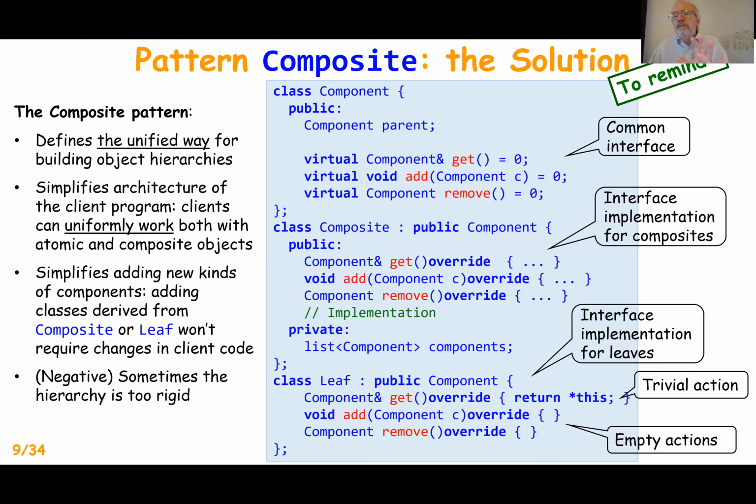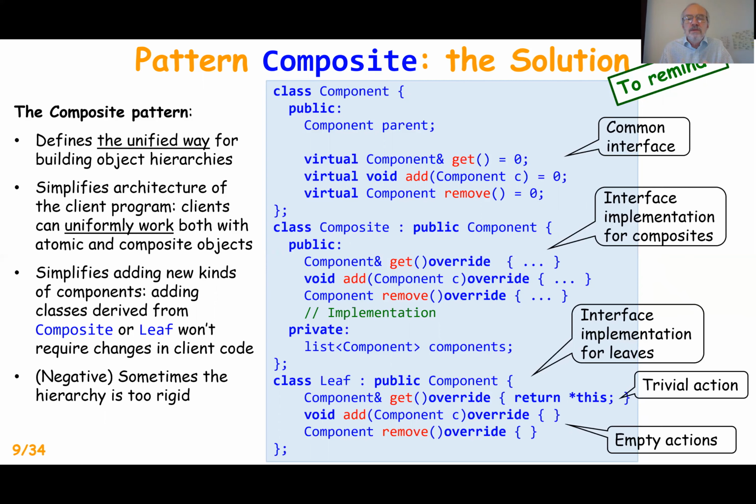I have chosen C++ for this pattern and for all other patterns today. So, three pure virtual functions, get, add, and remove, that compose a common interface that will be used by all categories of objects.